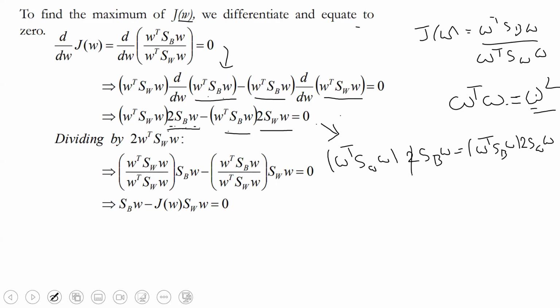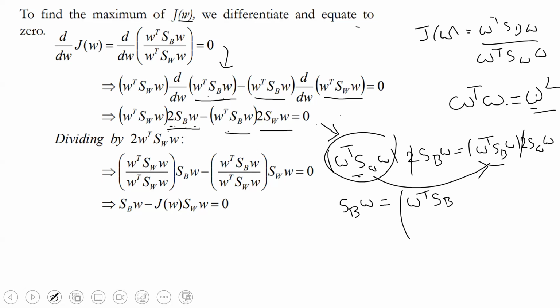So 2 and 2 will get cancelled. Just look at this equation. I'm taking this whole part to this side. And now what does this become? SBW is equal to W transpose SBW by W transpose SWW into SWW, right? So this is the equation that we're getting.